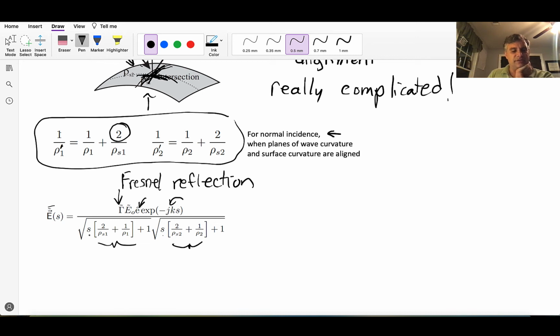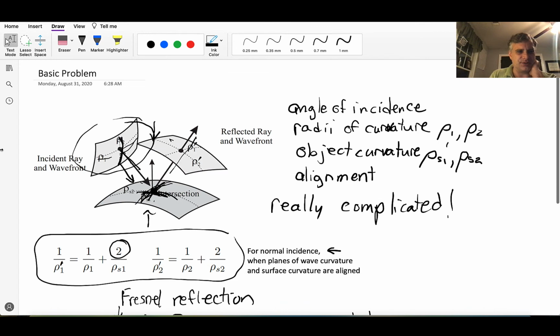So s has units of meters, it's the length along the ray. This has units of 1 over meters. When you apply them together, you get a unitless value. The point s equals 0 tells you the field strength right at the reflection point. So we've defined the new ray solution where s equals 0 corresponds to the intersection point, and then incrementing s moves away from that reflection point. It's an elegant little formula, and let's see if we can use it to solve an interesting problem.